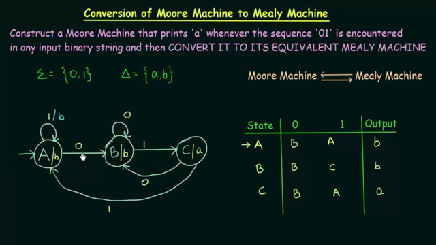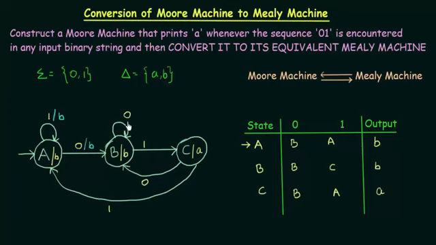In the same way, let's see this 0. 0 is going to state B, and what is the output associated to state B? It is small b. So this 0 will have the output small b.